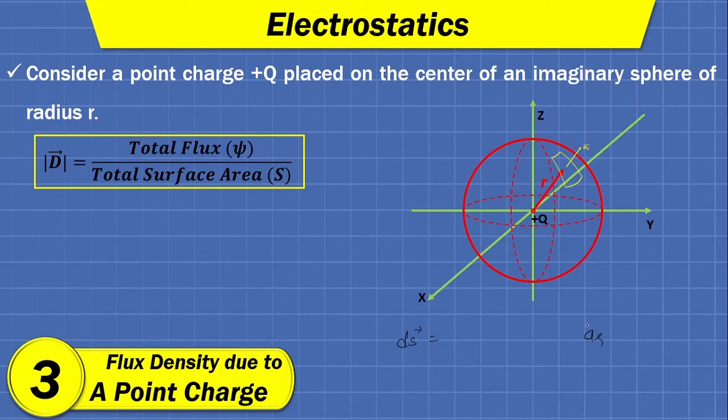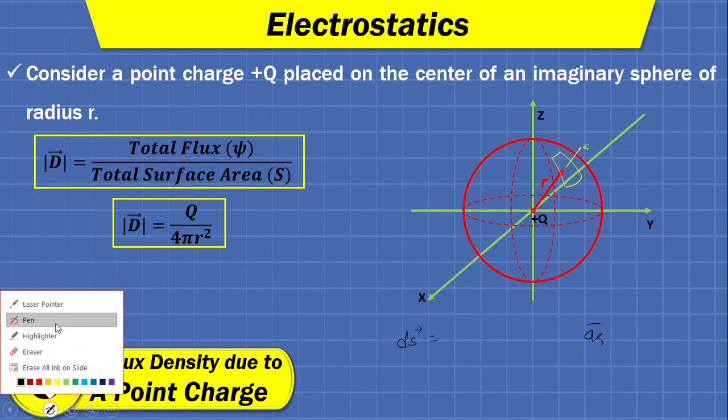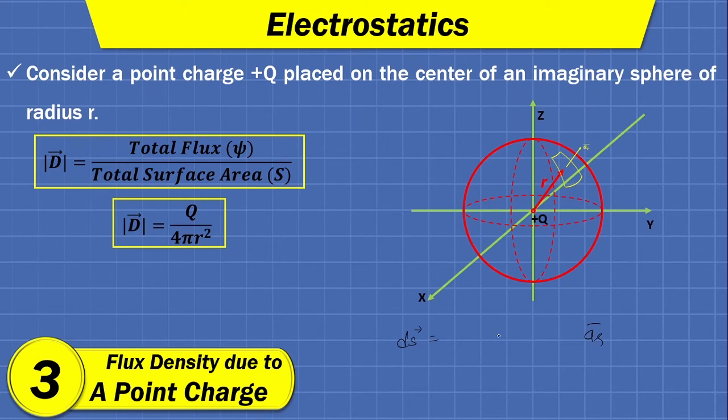So the differential surface in the direction of radius can be written as, so the direction is in the radius, so d theta and d phi will be the remaining components and r square sine theta will be the multiplier.